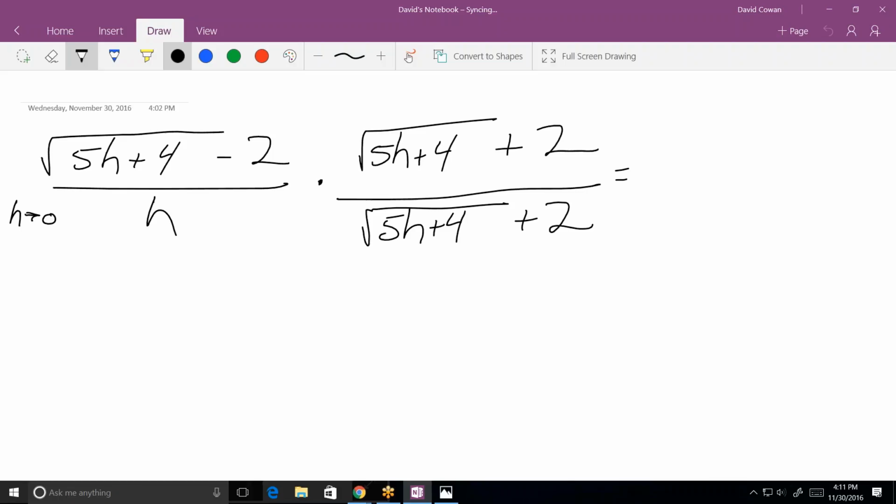We're squaring that. In other words, if that is a, my first term is a squared. So you would write the first term as 5h plus 4. And then we don't have any middle term. Remember, with a difference of perfect squares, all we have is a squared minus b squared.